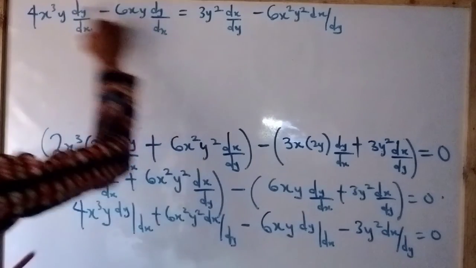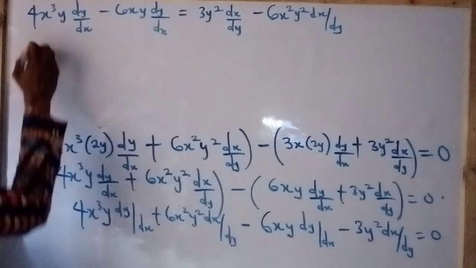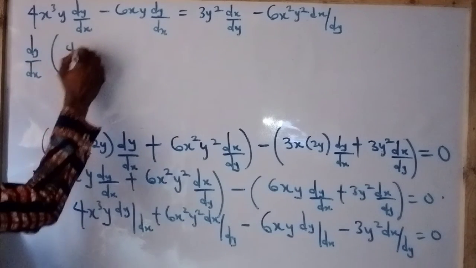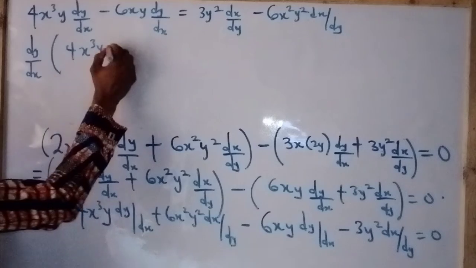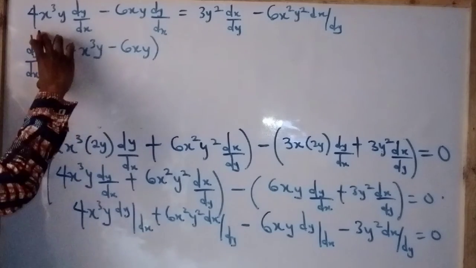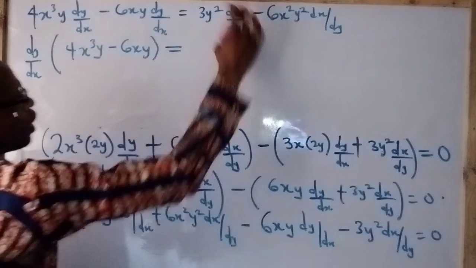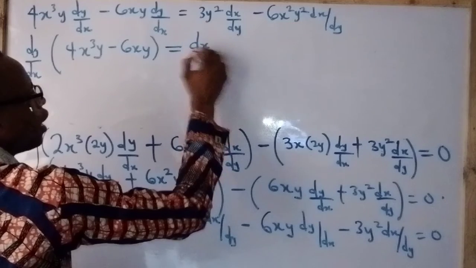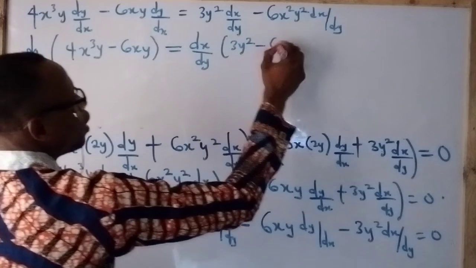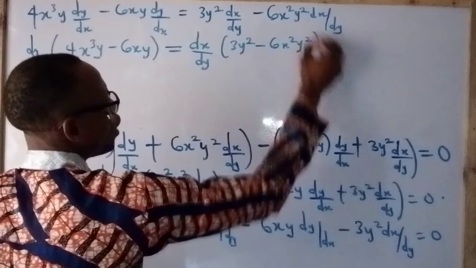So from here, I can factorize. If I factorize this, this becomes dy/dx, open bracket 4x cubed y minus 6xy. You can see the y there is common, so I bring it outside. Then equals, now the same thing here. The dx/dx is common to them. So I'll have 3y squared minus 6x squared y squared.